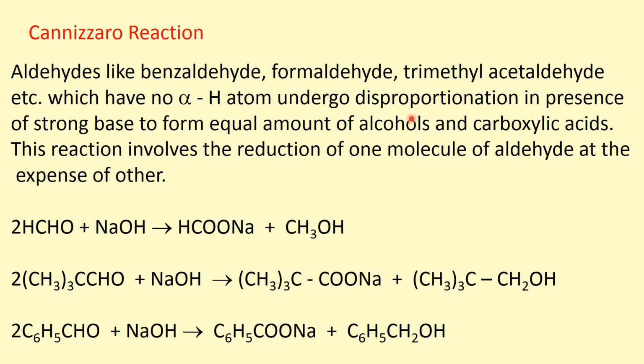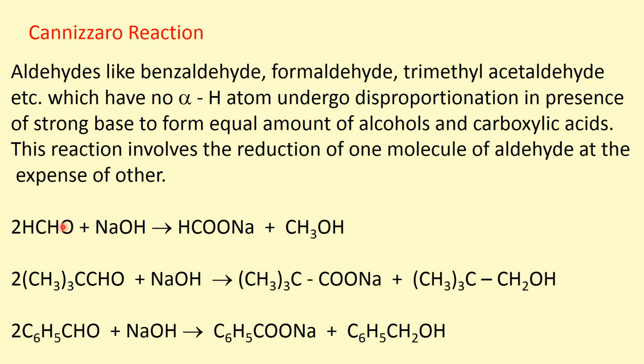Then they undergo a disproportionation reaction in the presence of a strong base to form equal amounts of alcohol and carboxylic acid. That means this reaction involves the reduction of one molecule of aldehyde to alcohol at the expense of the other, and the other molecule is oxidized to acid.